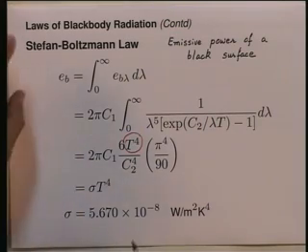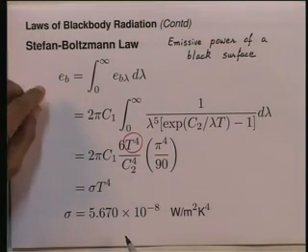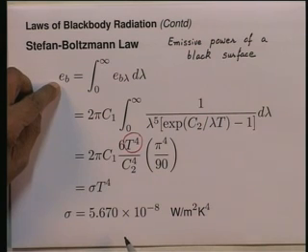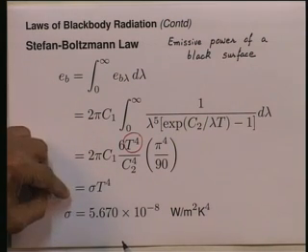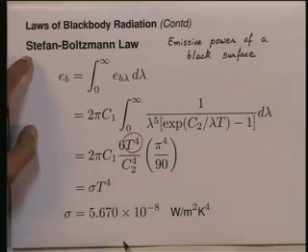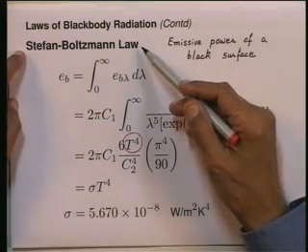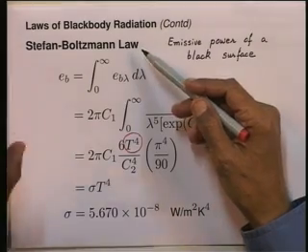So, the net result of the integration is to give us the emissive power of a black surface E b equal to sigma T to the power of 4, and this is called the Stefan-Boltzmann law. I repeat, it is nothing but a law obtained by integrating Planck's law, which gives an expression for E b lambda, over all wavelengths from 0 to infinity.